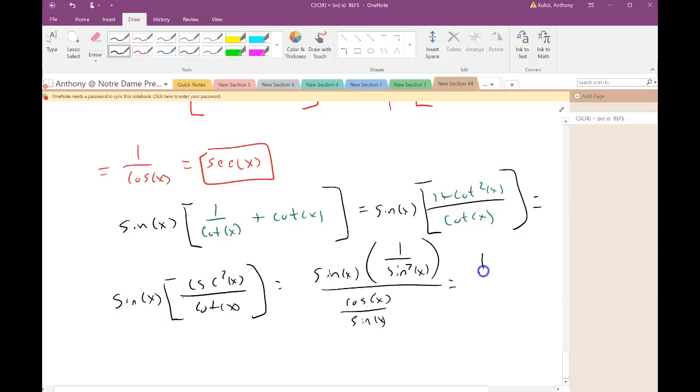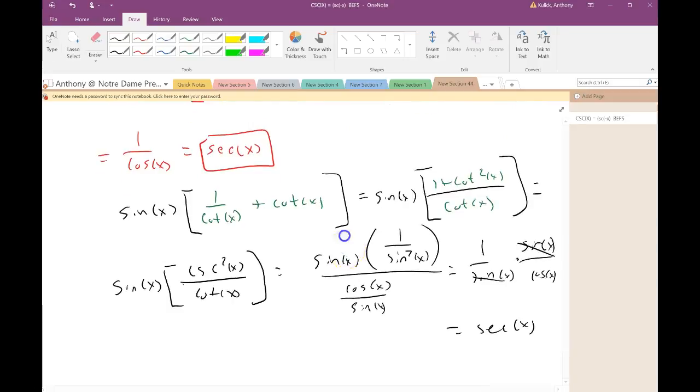So I have 1 over sine x on top times sine x over cosine x. So that's me flipping the bottom and multiplying. And then 1 over cosine is secant. So again, perfectly reasonable to do it that way, although you would have not been following directions. And I know that everybody reads the directions carefully and follows the directions, so good job.